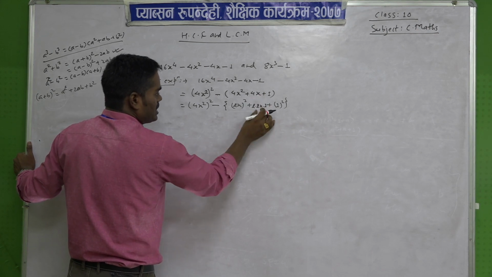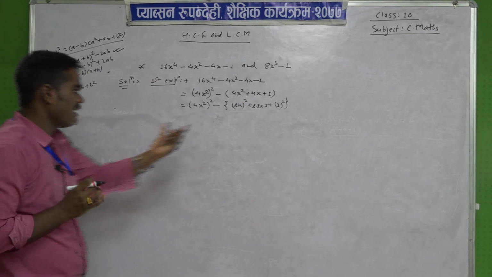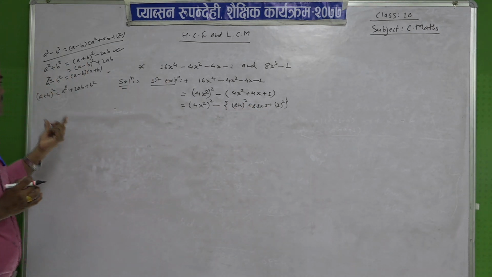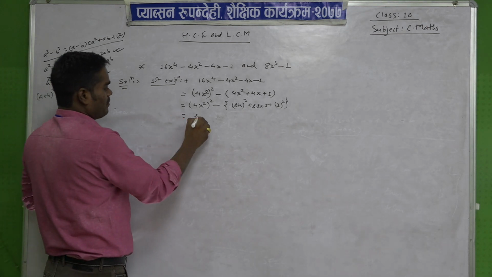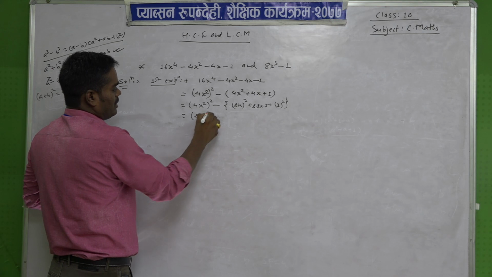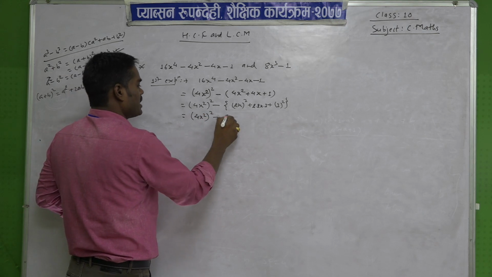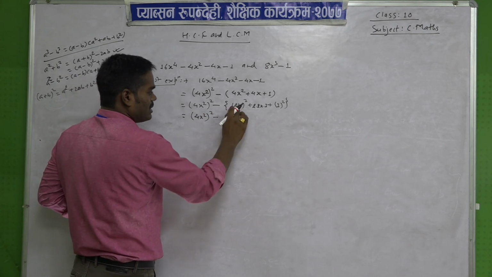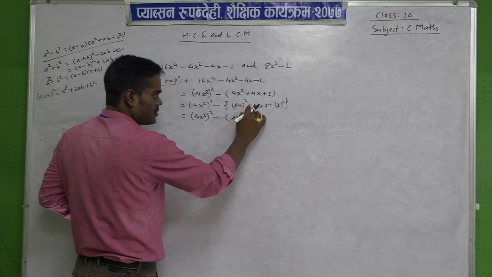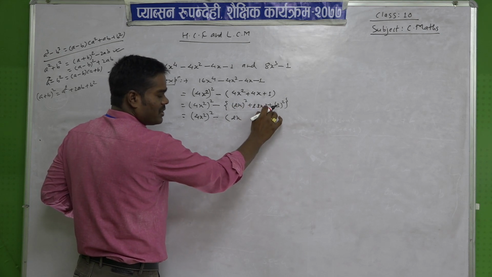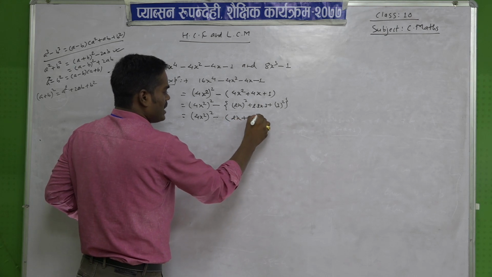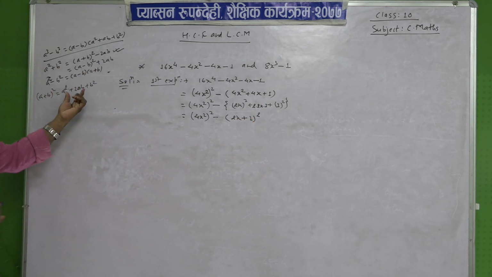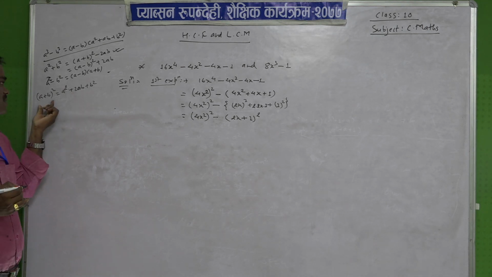So this term and this term are equal. So we can write this in the form of a plus b whole square. So 4x square whole square, and this became a, this is a square plus 2ab plus b square. So you can write a plus b whole square. We can use this formula a plus b whole square.